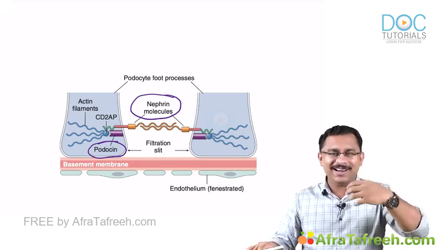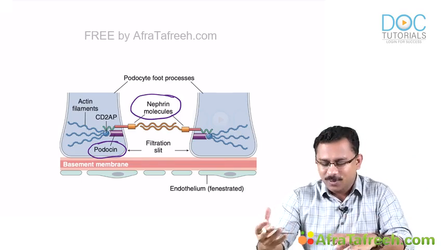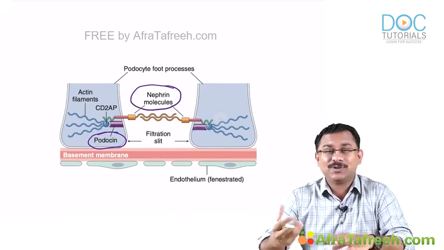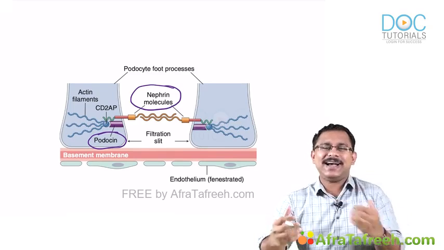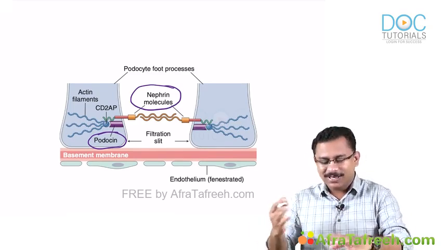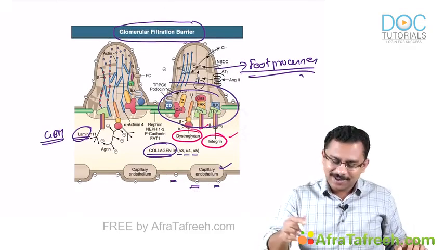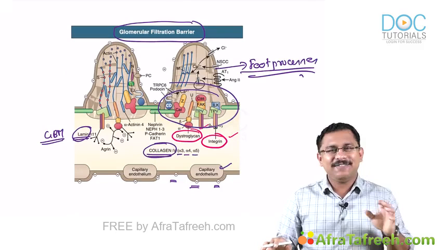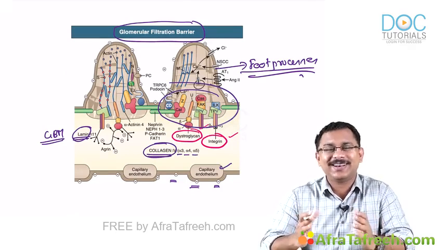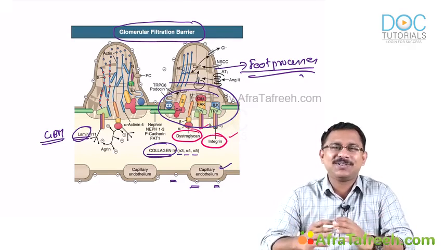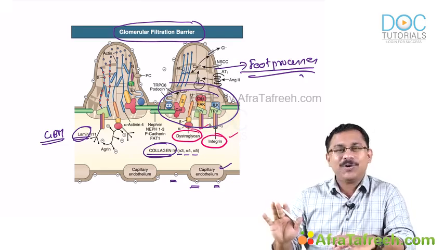I told you we are building up the important components of the filtration barrier and your glomerulus, so that you understand conceptually how, when a particular protein is affected, what impact it has on the filtration barrier. We will see that later. So this is the complex structure of your glomerular filtration barrier, because I just wanted you to keep in touch with reality also, where it is a complex structure with lots of proteins and molecules. I hope you are clear with that.